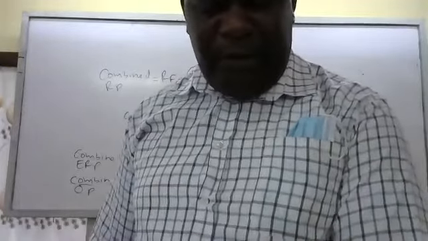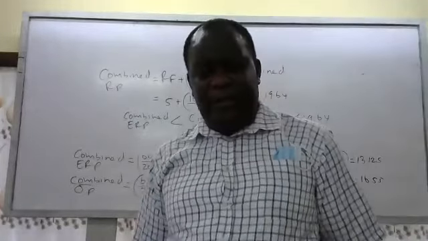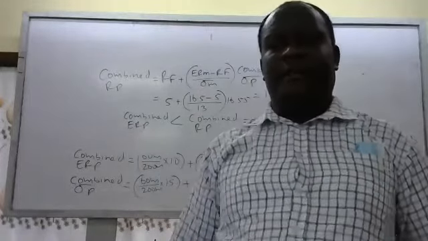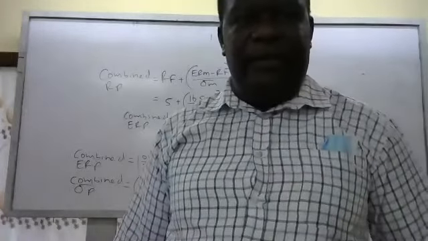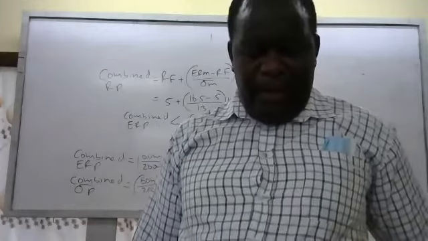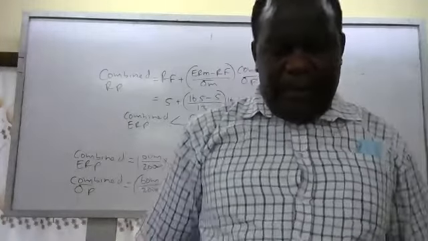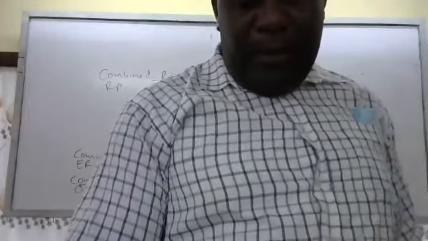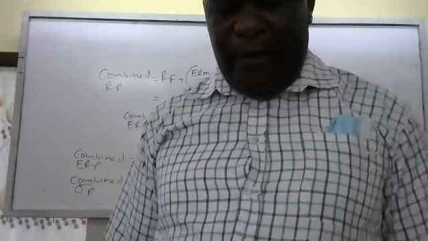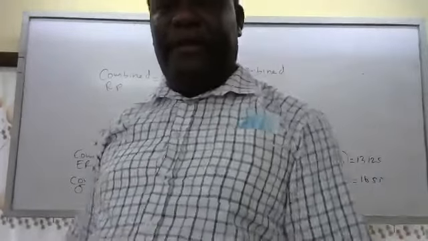Then number 5 is that it assumes that investors are risk averse, i.e., the investors fear the risk.